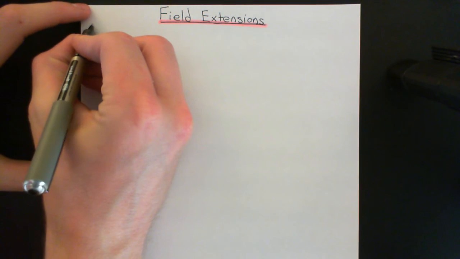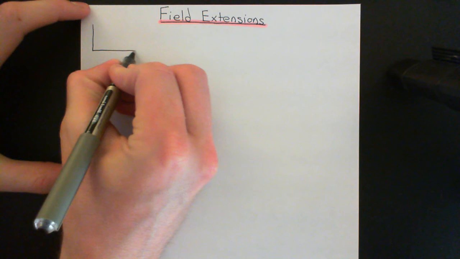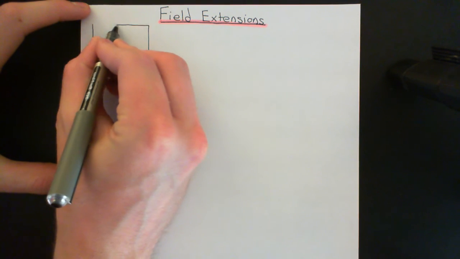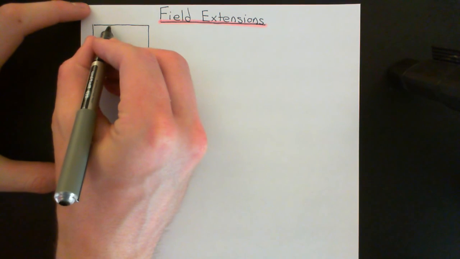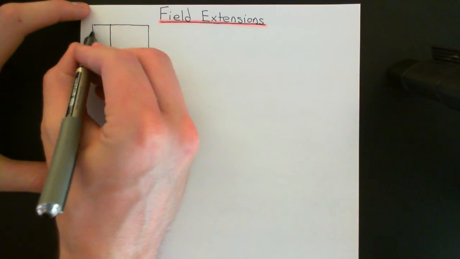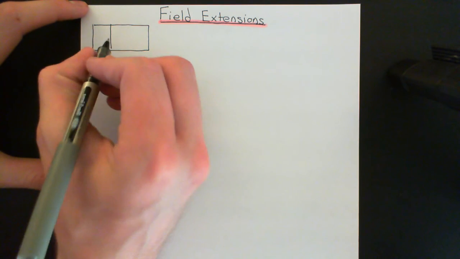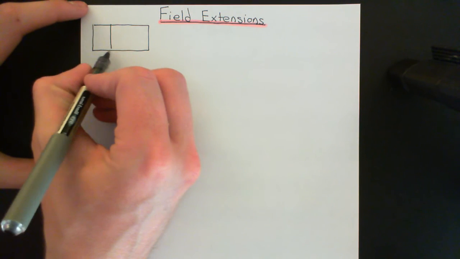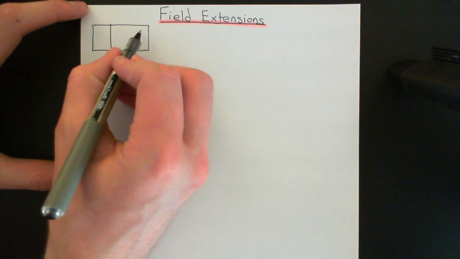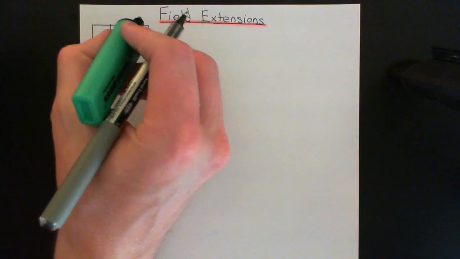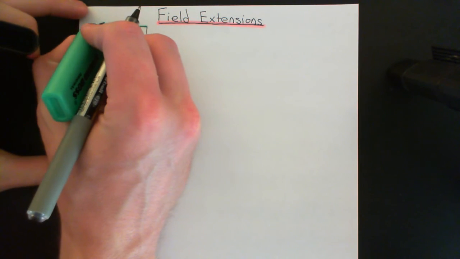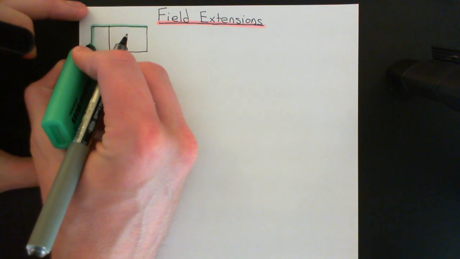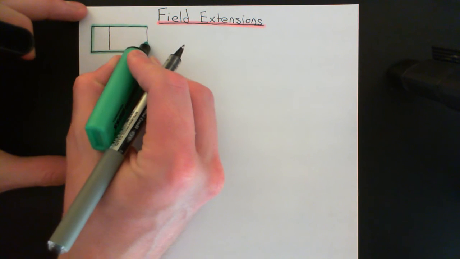Normally in other parts of abstract algebra, so groups, rings and vector spaces, when we have one algebraic structure with a smaller algebraic structure inside of it, so this sub-box here represents the smaller algebraic structure and this one represents the larger algebraic structure, normally we always talk about things from the perspective of the larger algebraic structure.